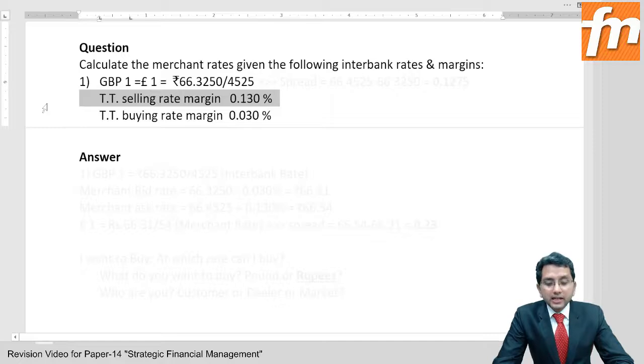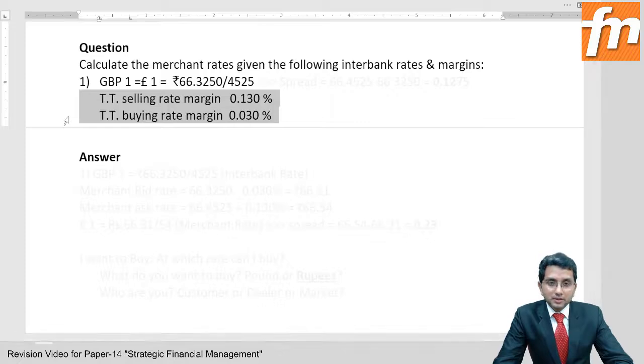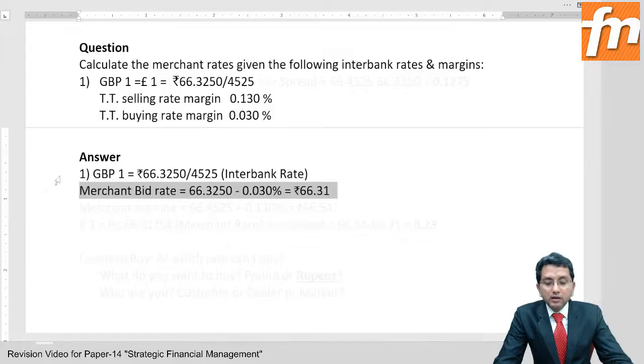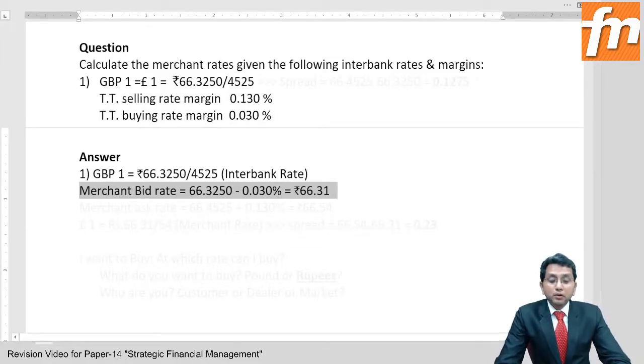Now TT selling rate. TT stands for telegraphic transfer. For the selling rate, you want to earn a margin of 0.13%. For the buying rate, you want to earn a margin of 0.03%. So what does it mean? It simply means that this is interbank rate, and to calculate the bid rate, I'll take interbank bid 66.3250 and deduct the margin.